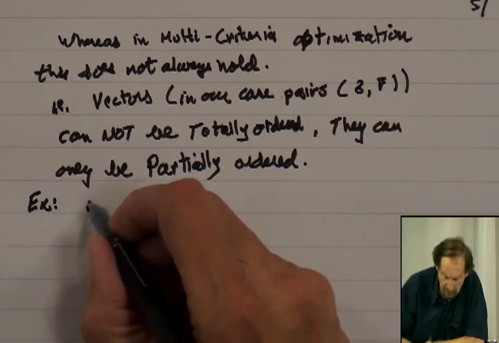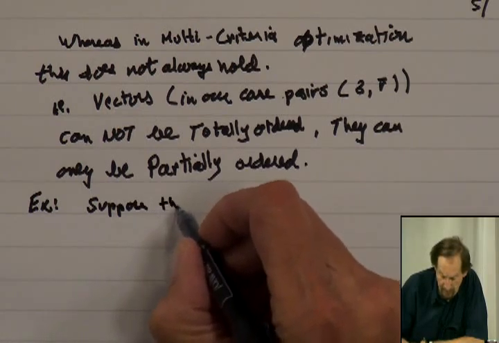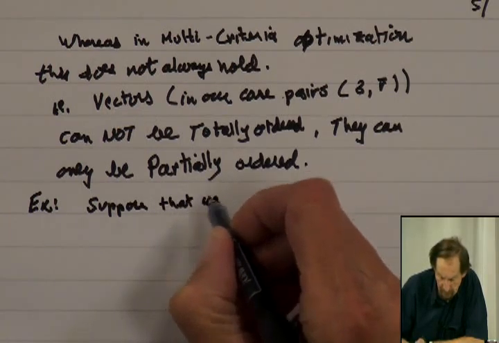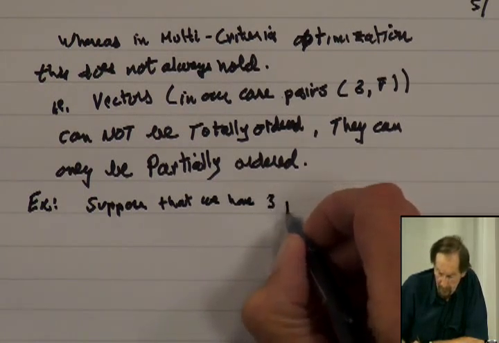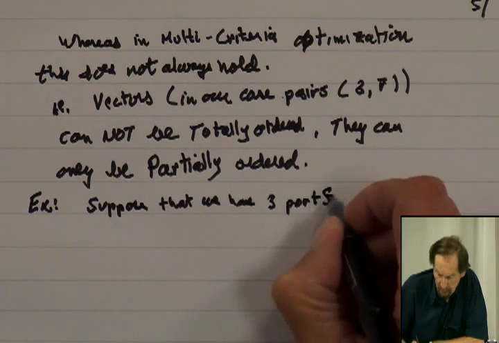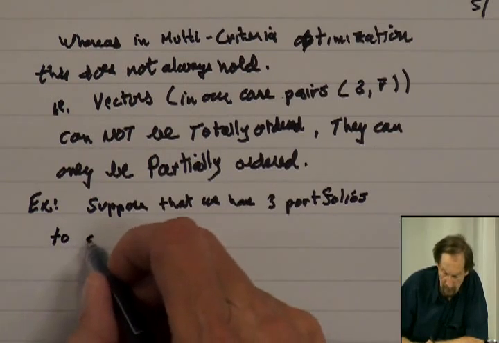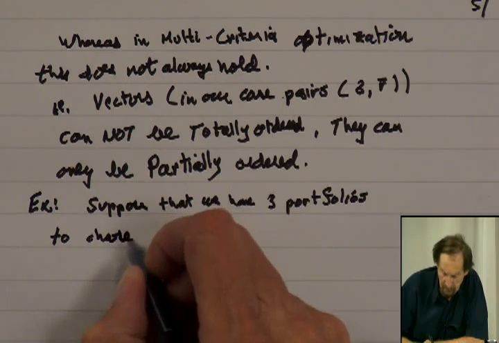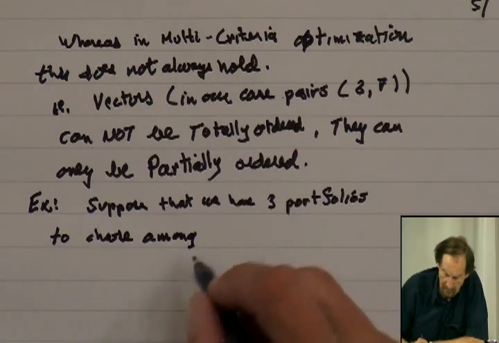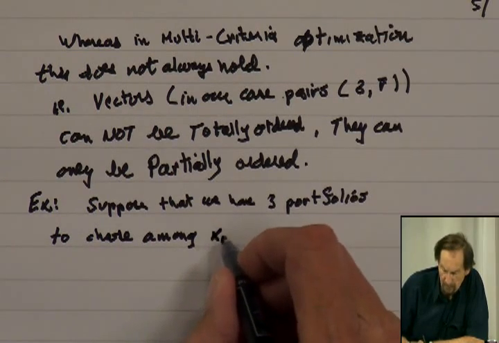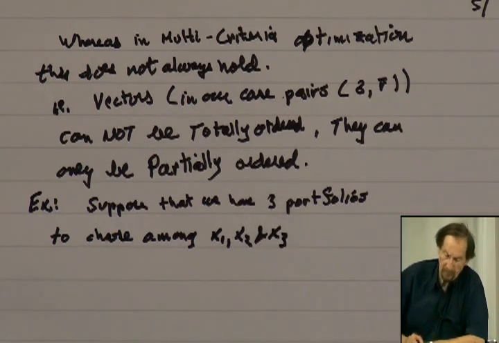Let's suppose that we have three portfolios to choose among. And we'll call these X1, X2, and X3.